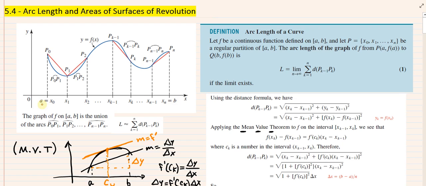A regular partition means a subdivision of the number line into equally spaced intervals. So by that we mean the following. The distance from x0 to x1 will be the same as x1 to x2, which, if you recall, we typically call delta x, and so on. So these are all equal.